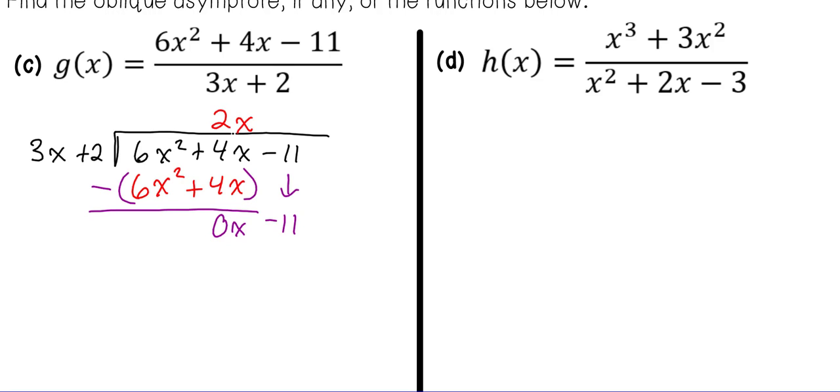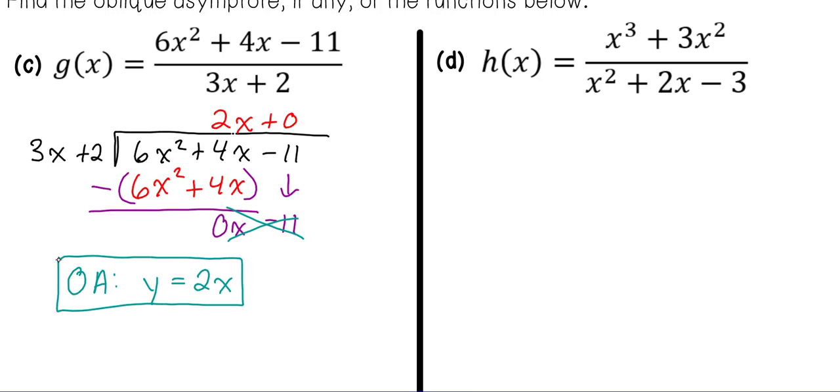And remember, we stated previously that we don't care about the remainders. So the oblique asymptote would be at y equals 2x. And we don't need to keep the plus 0 because that doesn't change our equation in any way.